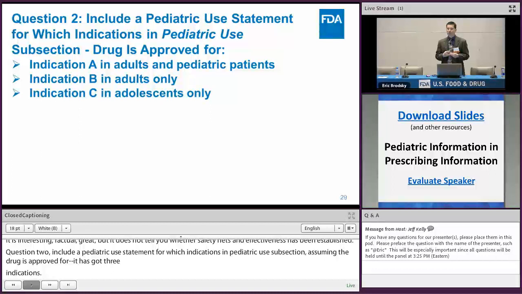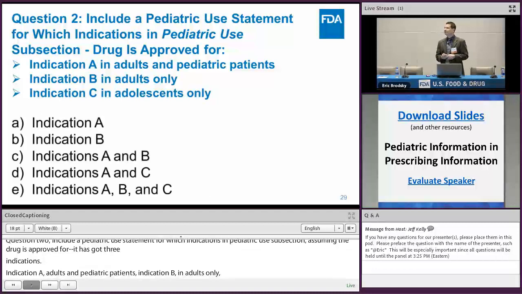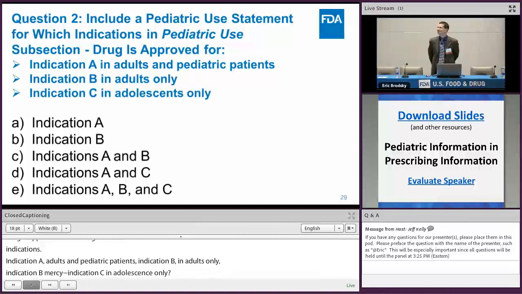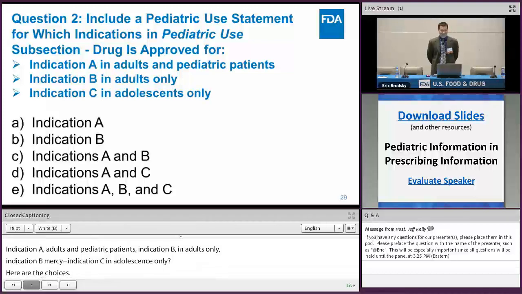In which situation should you include a pediatric use statement? And here are the choices. Folks want to shout that out? I think I'm hearing E, which is great. In all situations you want to include the pediatric use statement.